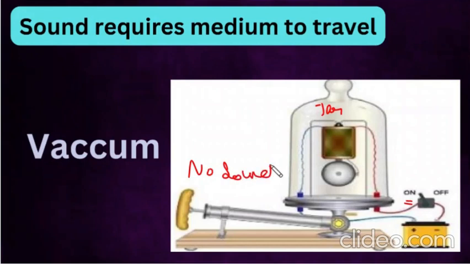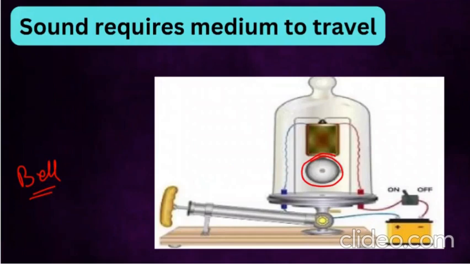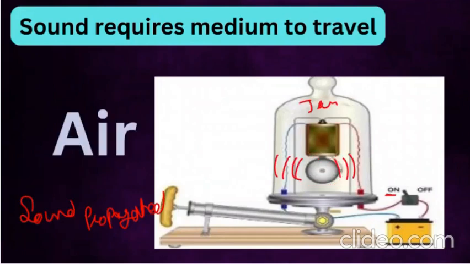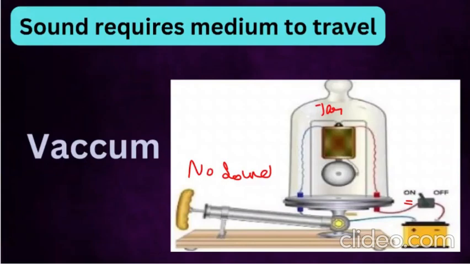If you keep it on and start sucking out the air, the sound will go fainter and fainter, and then fade, and no sound will be there. That is how you can try out this activity. So in air the sound will come properly, but in a vacuum there will be no sound, it will be mute, okay.